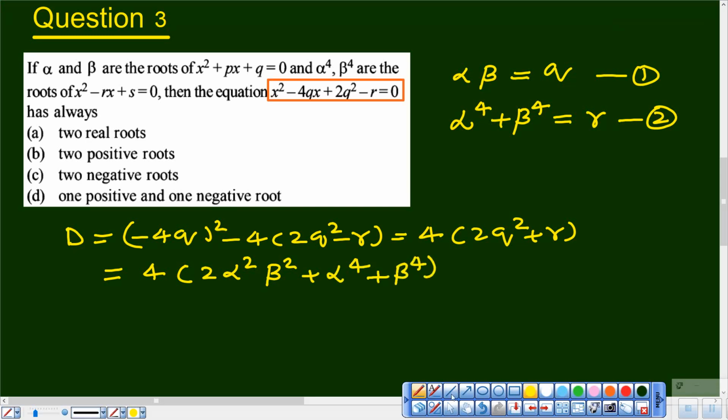Can't you see that the quantity inside the bracket makes a perfect square? And that is 4 times alpha square plus beta square whole square, which is always positive. That means one thing is sure, the roots are definitely real roots.